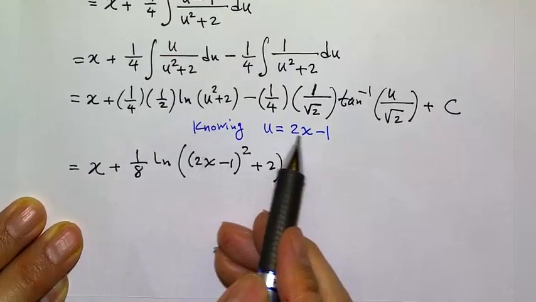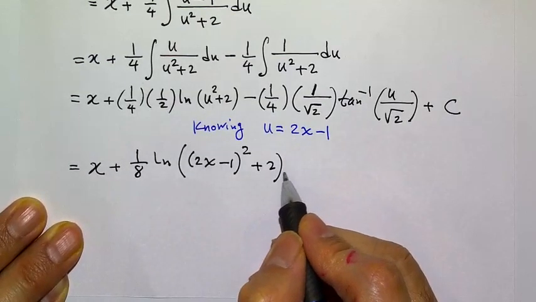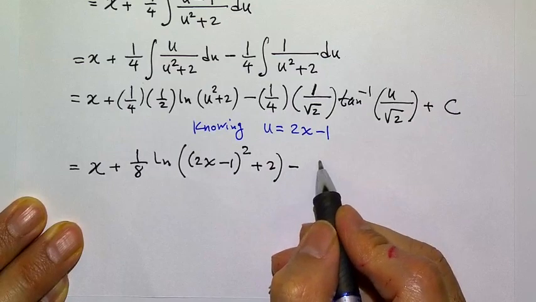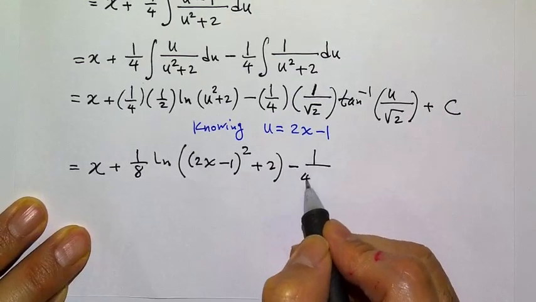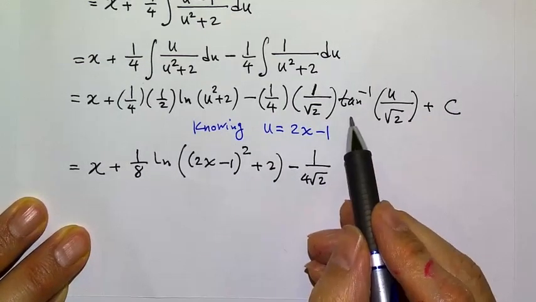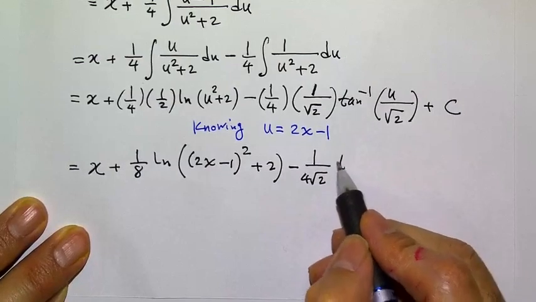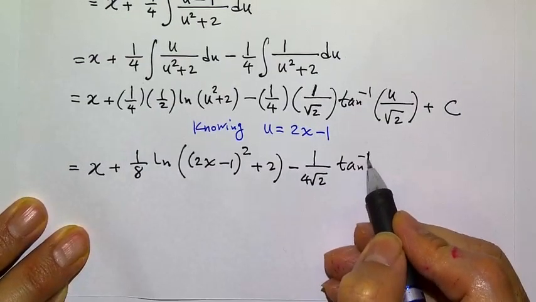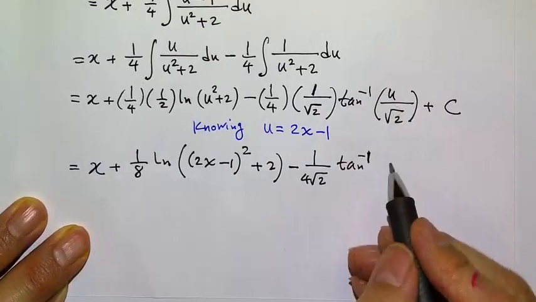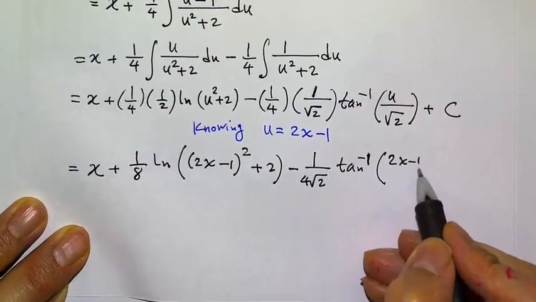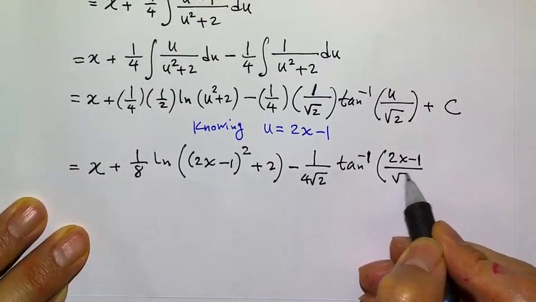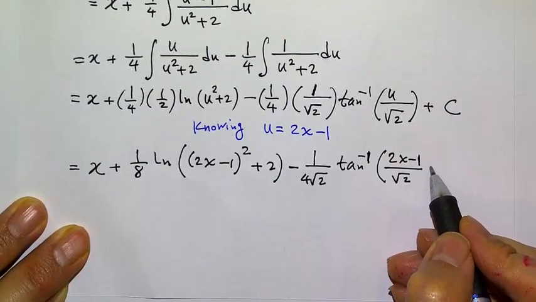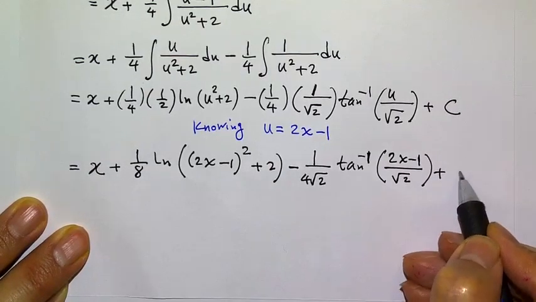I just substituted that with 2x minus 1, minus 1 over 4 square root of 2 times inverse tangent of that, 2x minus 1 divided by square root of 2 plus c.